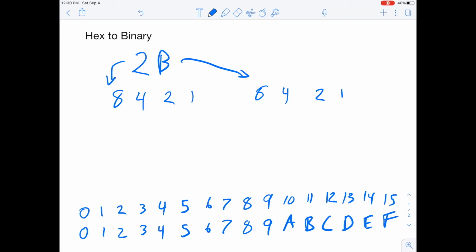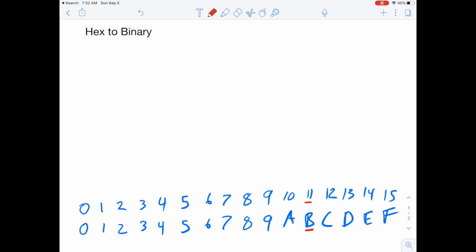So let's start with the B. You can see down here that B is going to have a value of 11. So to mark out 11, we got 8, 9, 10, 11. This is going to be a 0. And to mark out a 2, we got the 2 here, 0, 0, 0. So 2B hex into binary, 2 nibbles, is going to be 0, 0, 1, 0, 1, 0, 1, 1.